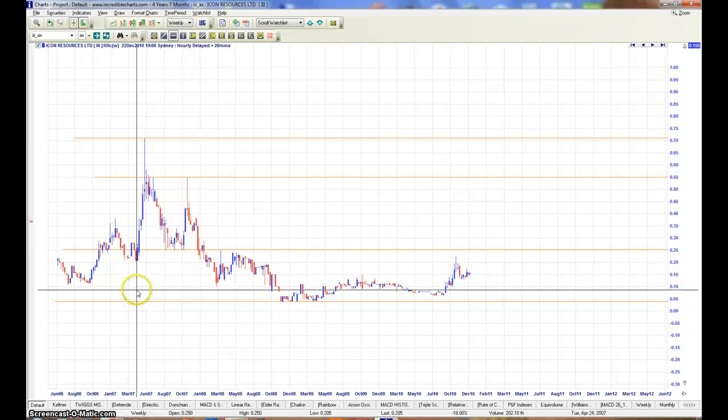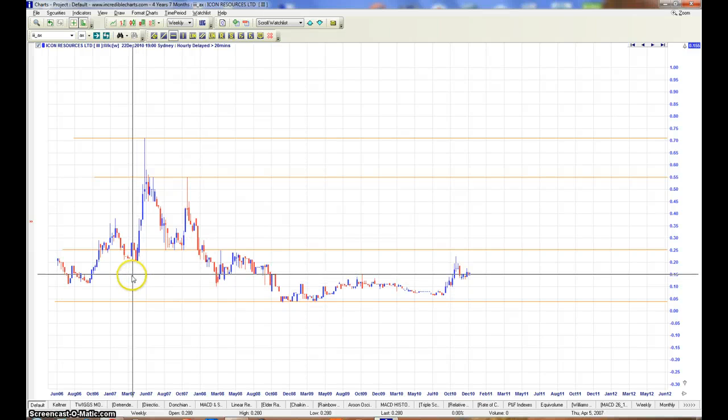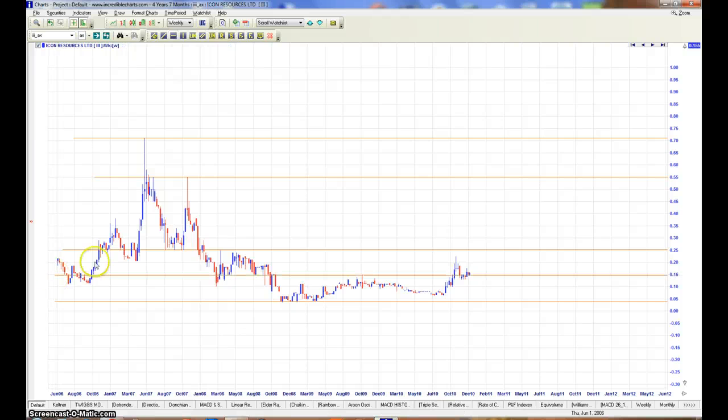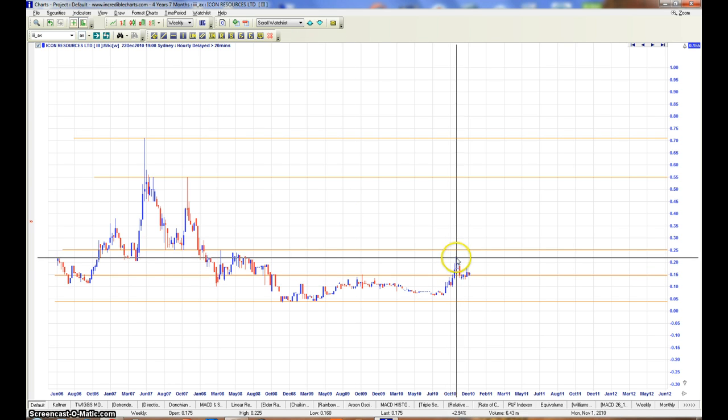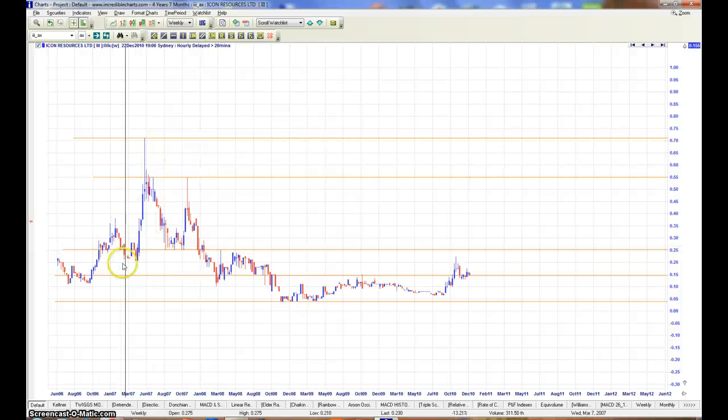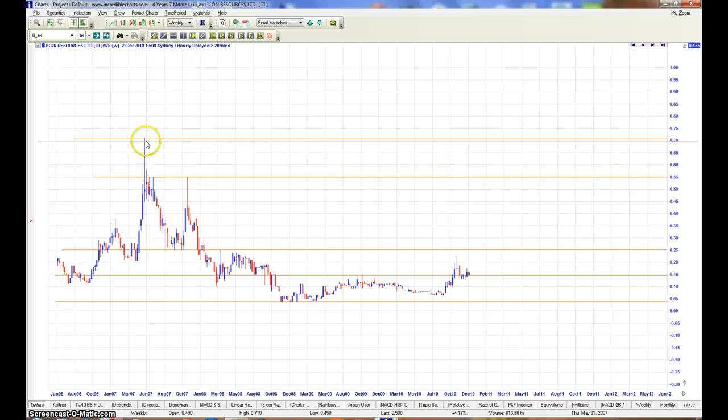But let's have a look where we are at the moment. We've had this support and resistance here at around the 15 cents roughly. And we've gone up to as high as 20-something cents there, but I think the key one for us in the short to medium term is this 25 cent, where we see where it's retraced to after this big high up here.